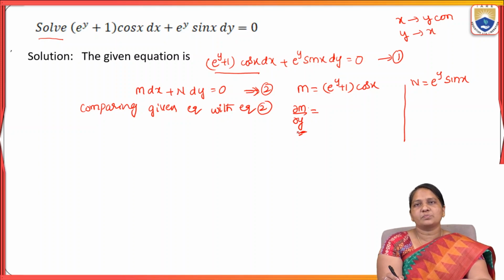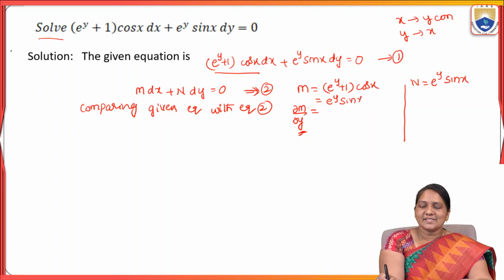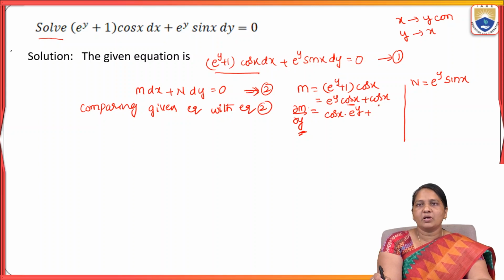So here, M is e^y cos x plus cos x. With respect to y, cos x is constant. The differentiation of e^y is e^y, plus the remaining term is only x, so constant, which is 0. This value is e^y cos x. This is the value of ∂M/∂y.